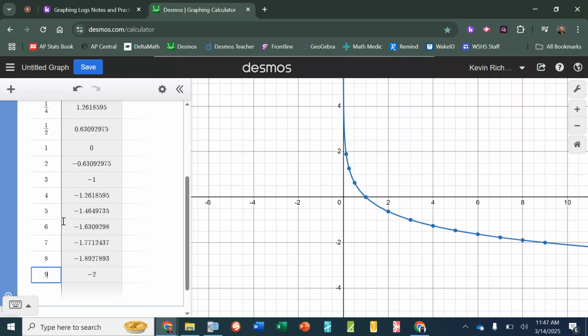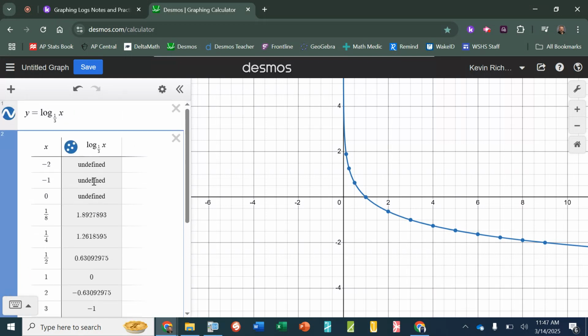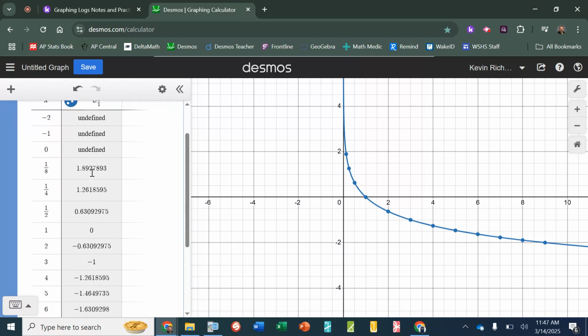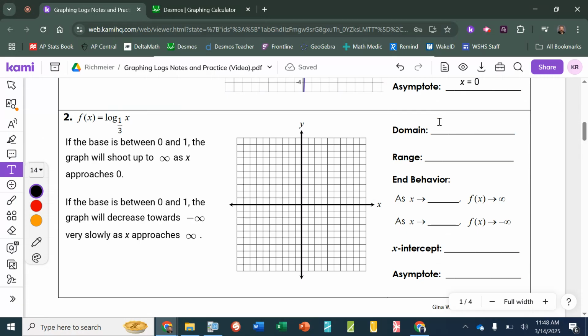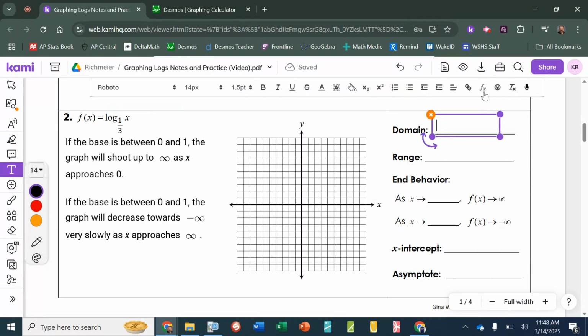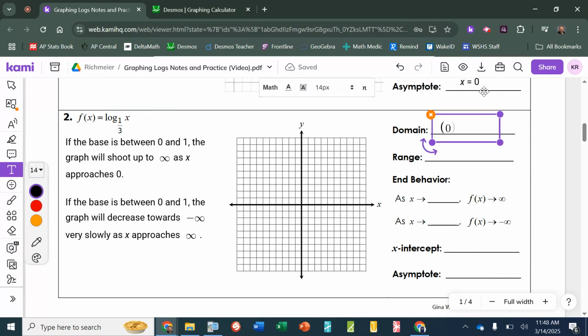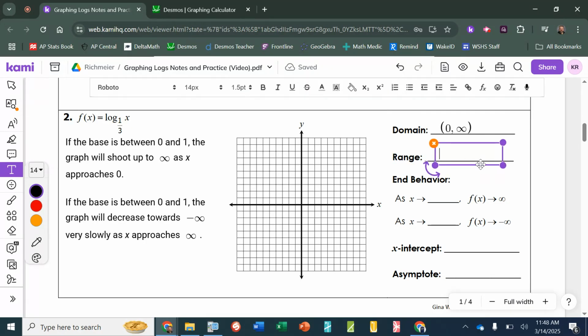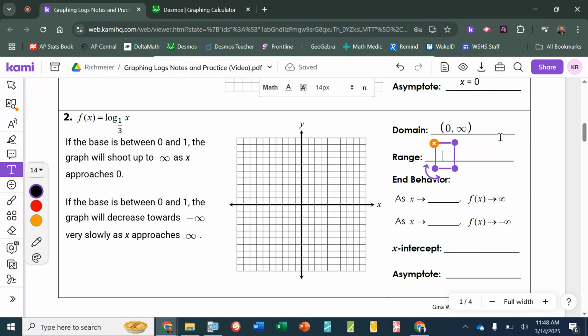All right. So I can see that it's undefined at 0, but even when I make fractions that are between 0 and 1, I still have a y value. So again, the domain is still going to be from 0 to positive infinity. The range, if I look at how low this thing goes, it's still coming in from negative infinity. On one side, it still goes to negative infinity, if you want to put it that way.